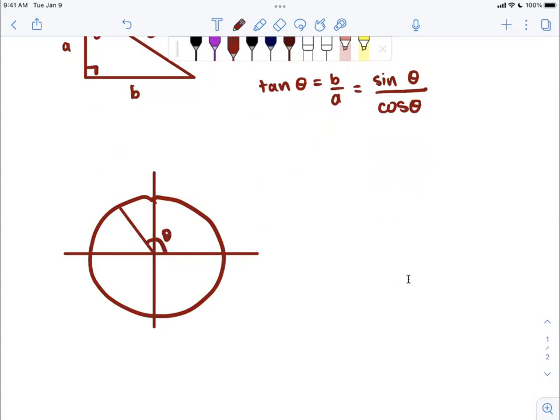Then if you drop the perpendicular, this distance here, whatever that value on the x-axis is, is going to be cosine of theta. Note that in this case it's negative because it's to the left of 0. And this value here on the y-axis is the sine of theta. Cosine and sine are always between -1 and 1. The tangent is not bounded.